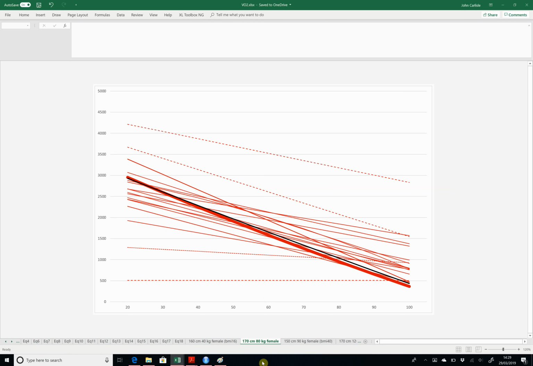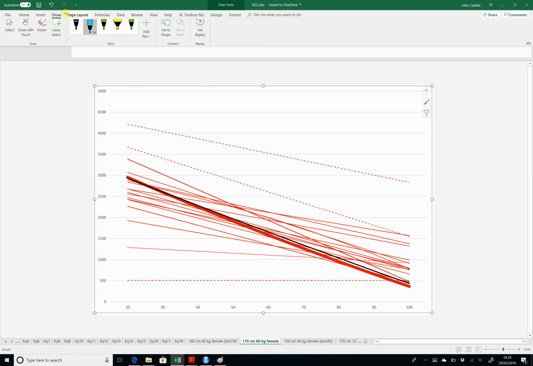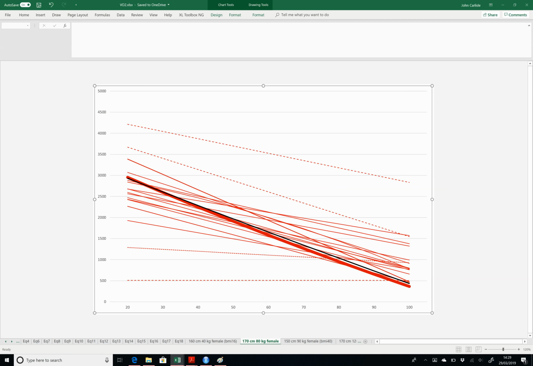On the horizontal axis, we have got age. So this is age here. Age in years. And on the vertical axis, we have got peak oxygen consumption in mils per minute.